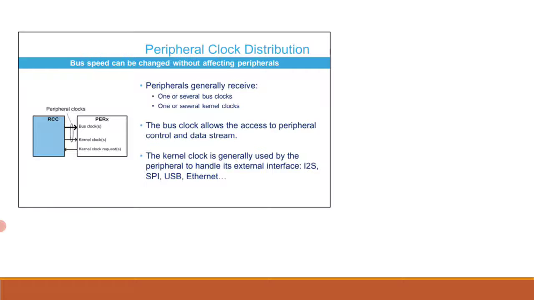For example, UARTs have a kernel clock which is used among other things by the baud rate generator for the serial interface communication, and an APB clock for the register interface. In addition, certain peripherals are able to request this kernel clock when they detect specific events.